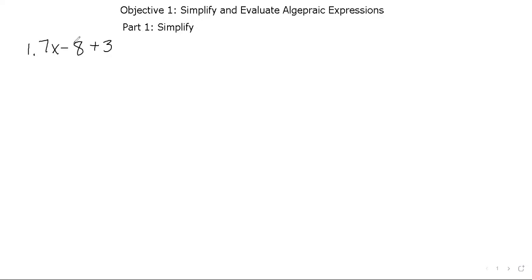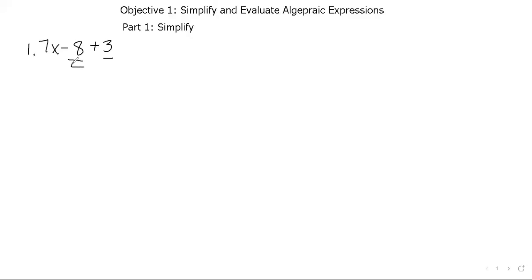We have 7x minus 8 plus 3. So we want to simplify this. That means that we're going to combine anything that needs to be combined. So we have two different kinds of terms here. We have a term that has an x, and we have some constant terms, the -8 and the +3.